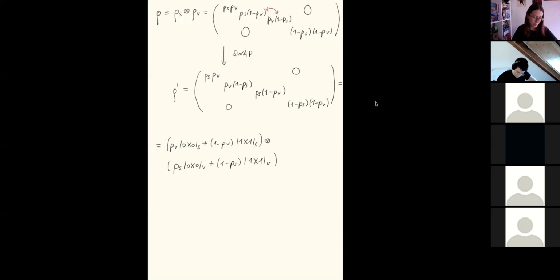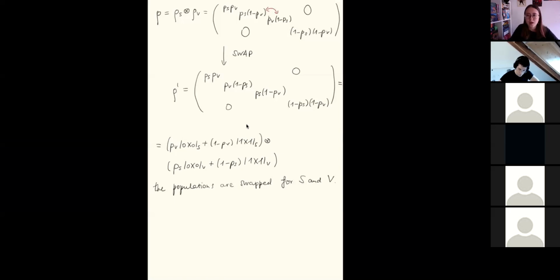So essentially what happened is that the populations of the states are exchanged, swapped, between the qubits S and V.